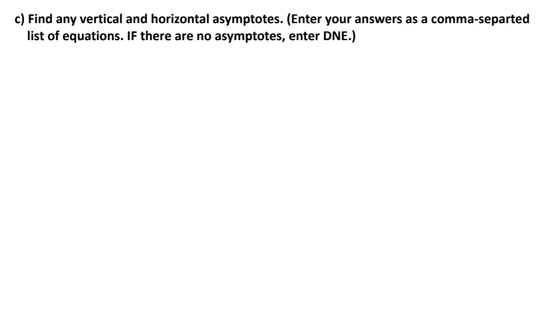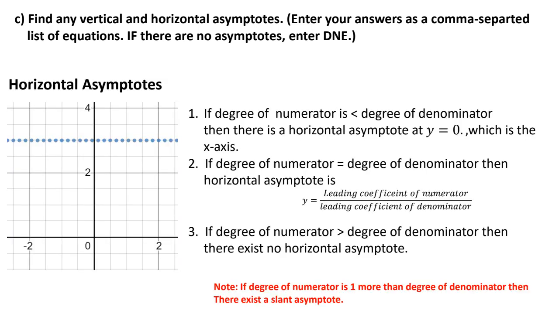Now, let's look at the next aspect. Let's find our horizontal asymptotes, if any. A horizontal asymptote is an imaginary horizontal line that our graph does not cross or touch. There are several cases that will give us a horizontal asymptote.